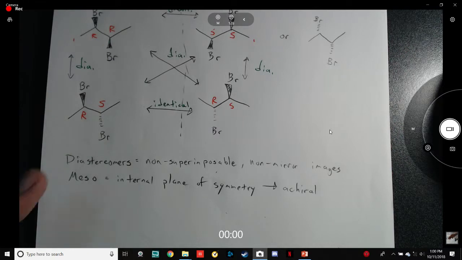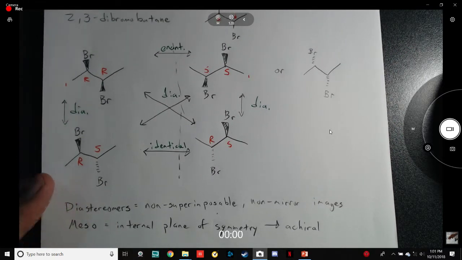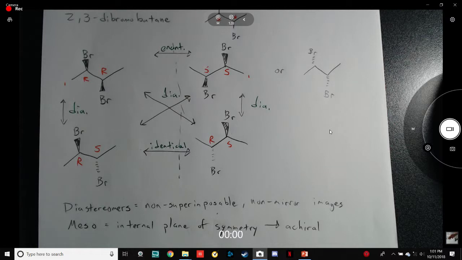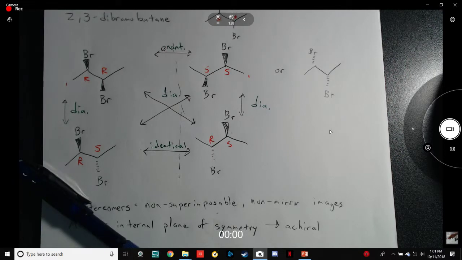The common example I like to think of when thinking of some real-world objects that are meso: I did talk a lot last time about how we have numerous chiral pairs in our body, like our hands and our feet, for example. You also have your shoulders, your knees, your face has a bunch of symmetry in it too. But if you look at yourself in the mirror, you see an exact copy of you, right?